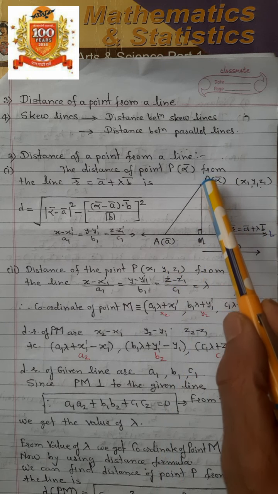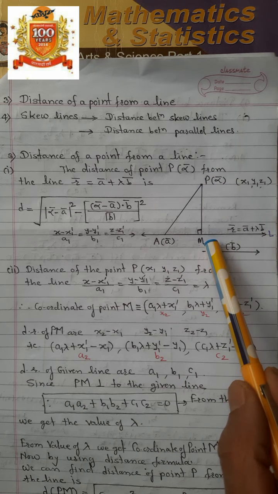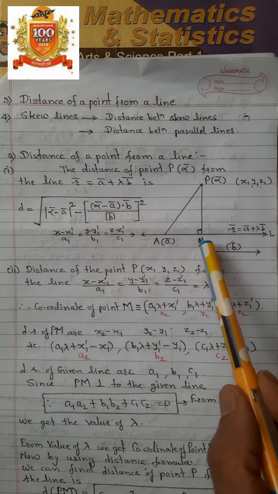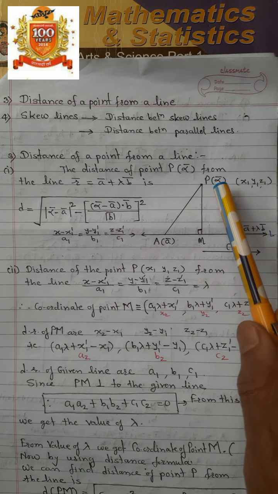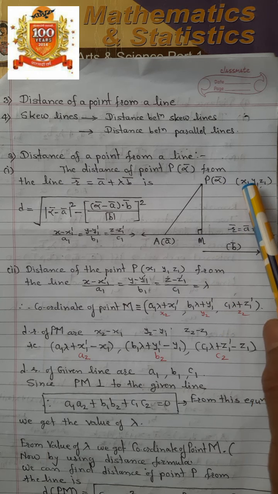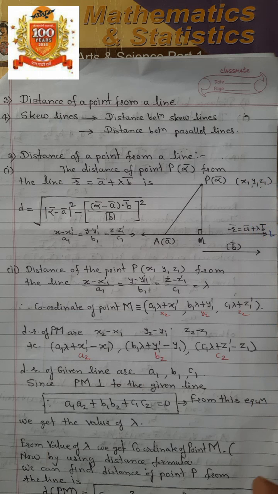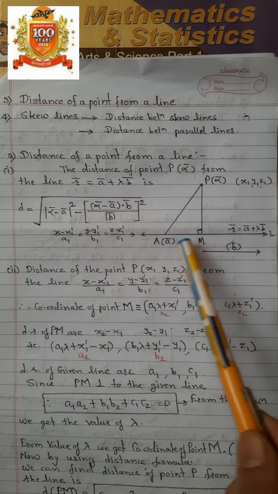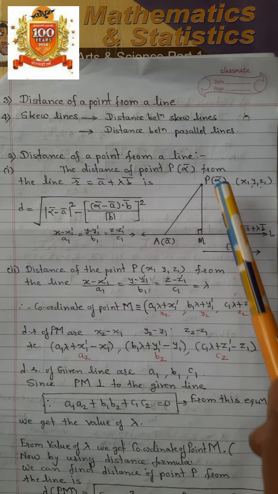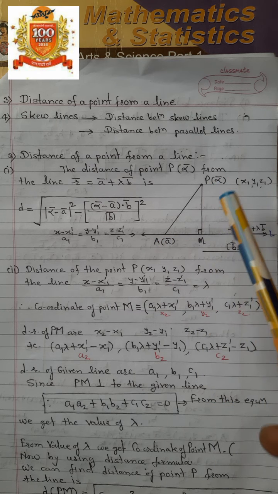Draw perpendicular from P on line L, which intersects at point M. Let the coordinates of point P be x1, y1, z1. Now we are going to find the perpendicular distance between line L and point P.